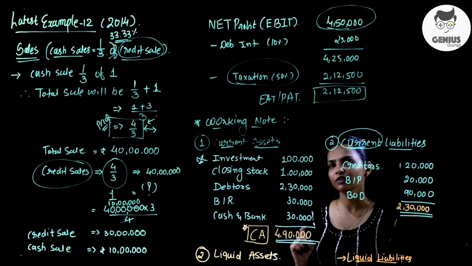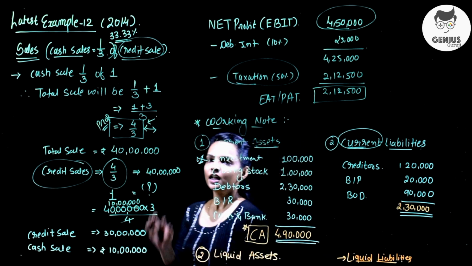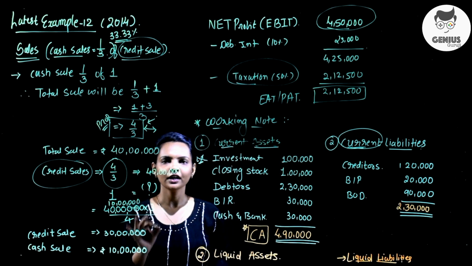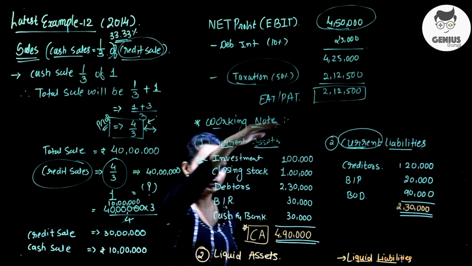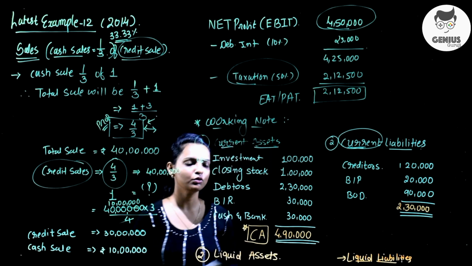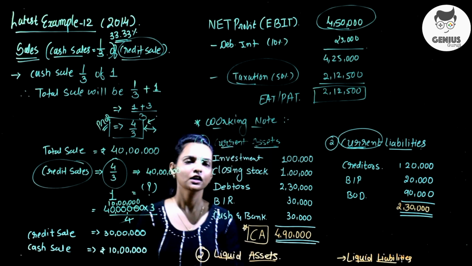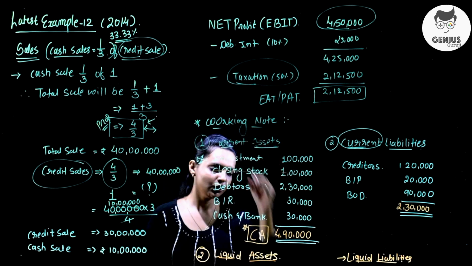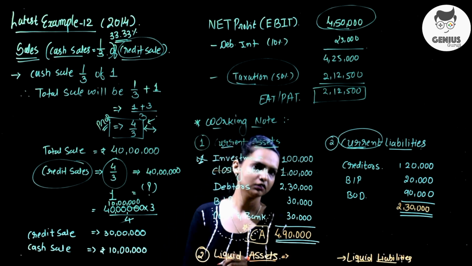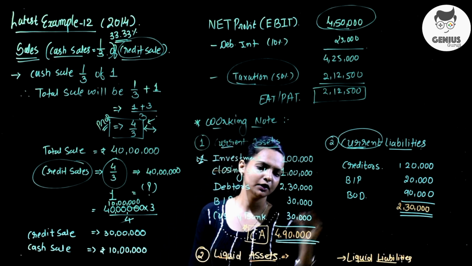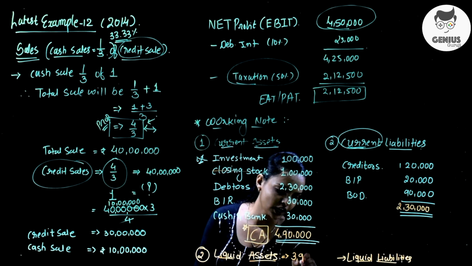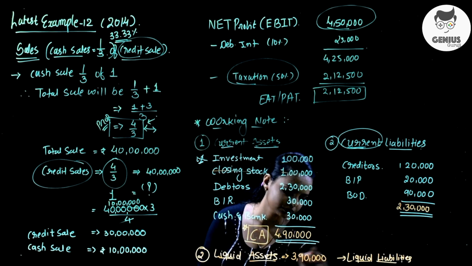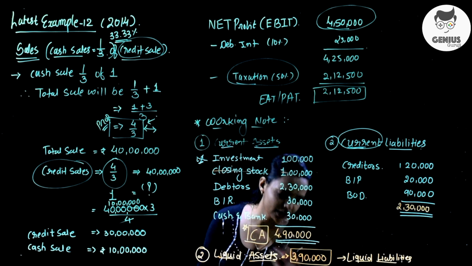What is the formula of liquid assets and liquid liability? Liquid asset means when you are deducting stock from your total current asset, you will get the amount of liquid asset. Just cancel this amount, okay, you will get your liquid asset, and my total will be 3,90,000. This is my liquid asset.